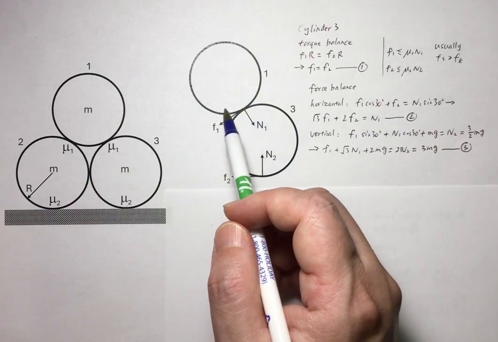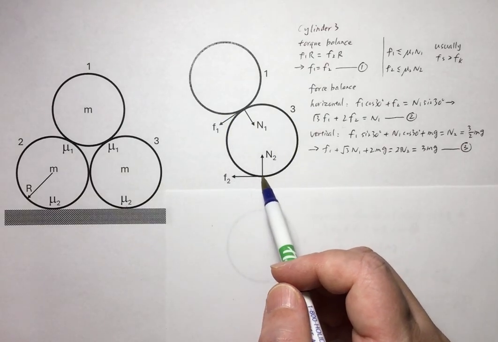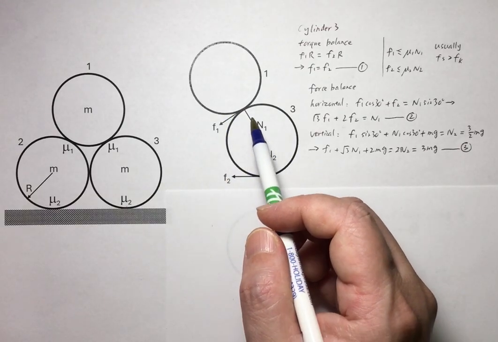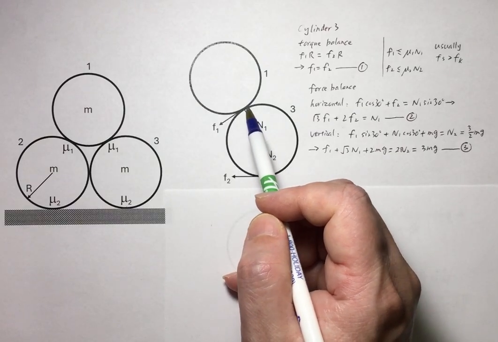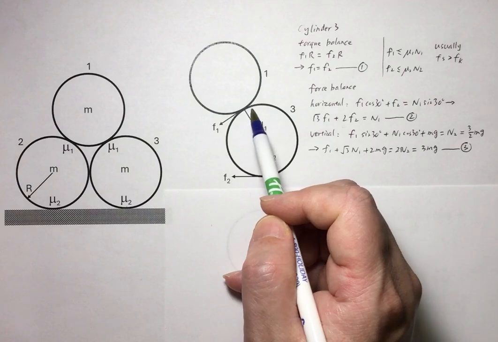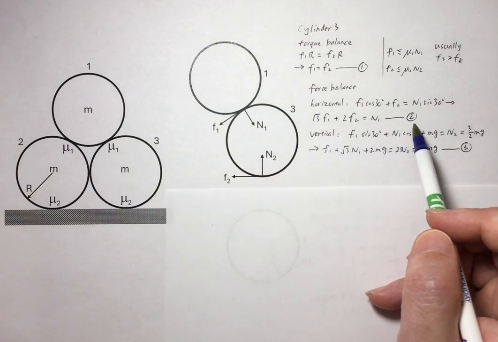So F1 cosine 30 degrees plus F2 should be equal to N1 sine 30 degrees along that direction. So simplify to be equation 2.